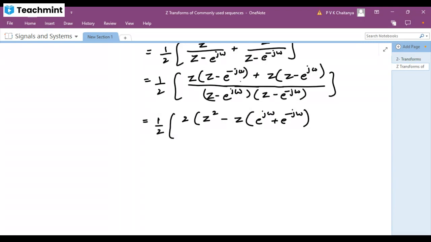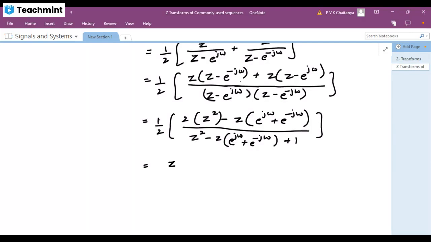Divided by the same denominator as the sinusoidal, z square minus z into e power j omega plus e power minus j omega plus 1. So the 2 and 2 get cancelled.